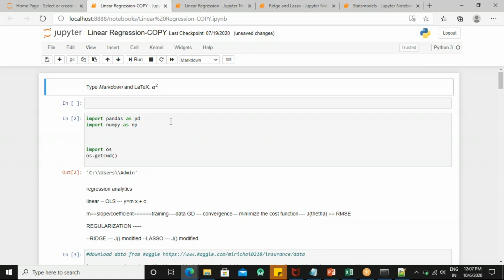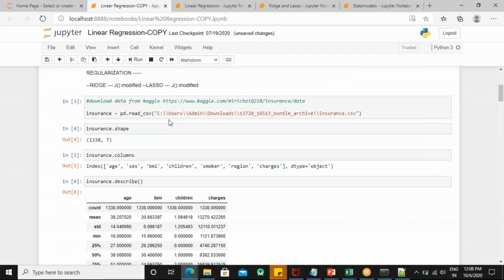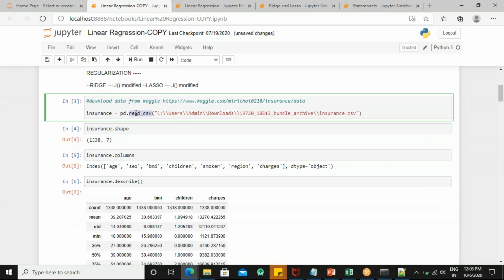Okay, guys. So we are starting with the ridge and lasso. First of all, let me show you what I'm doing. You must know how to read a file. I have imported the pandas package, and from that I am using read CSV to read a file.